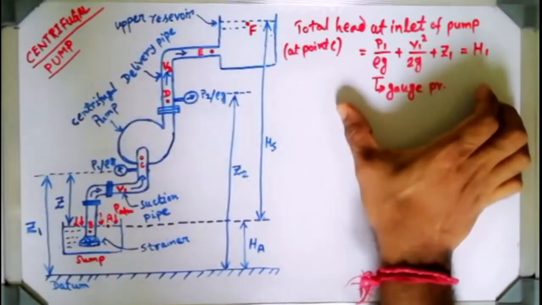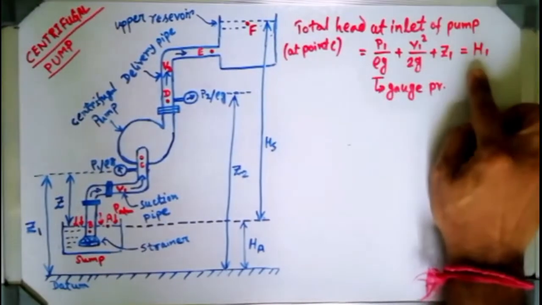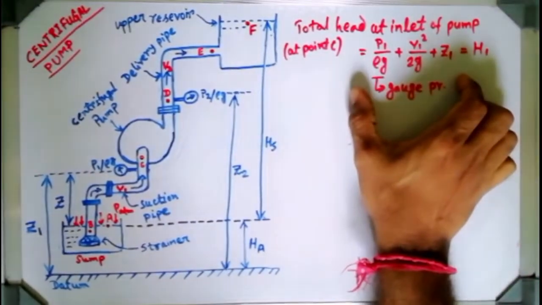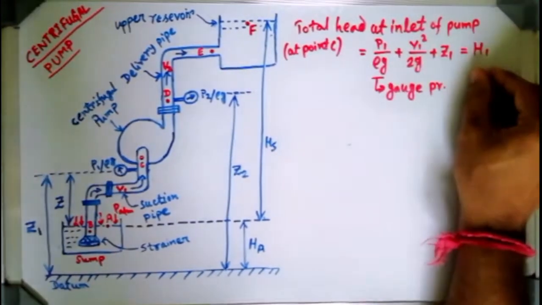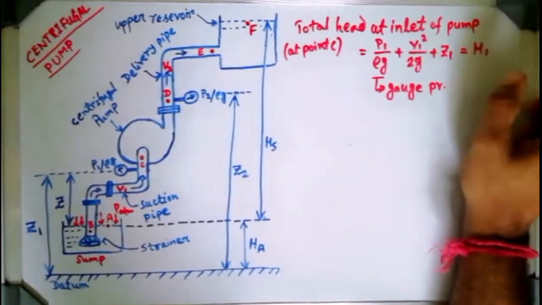Okay, so total head at inlet of the pump I am representing by this expression. This is nothing but the Bernoulli's equation. I think you people can recall that, and I am representing it by H1.